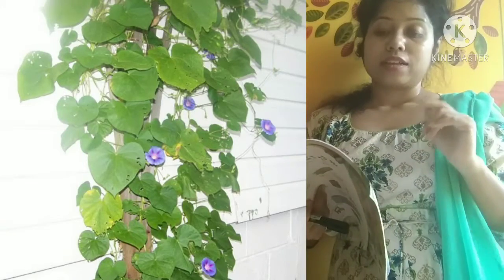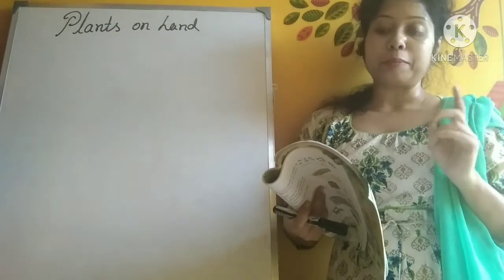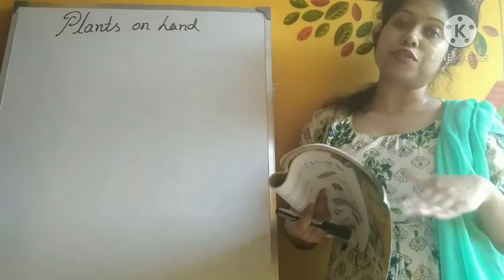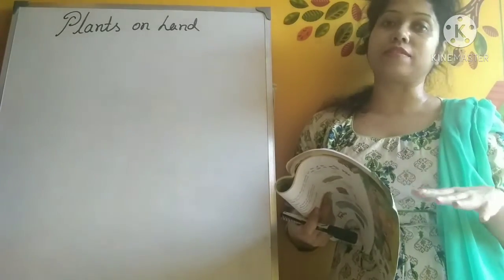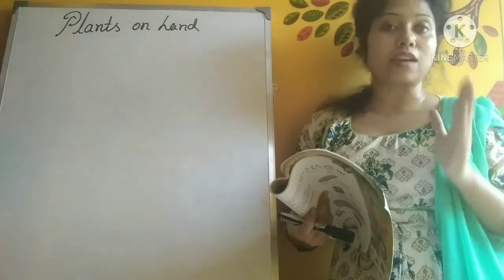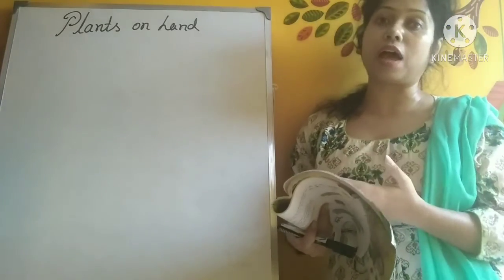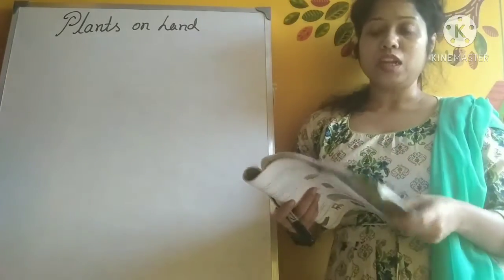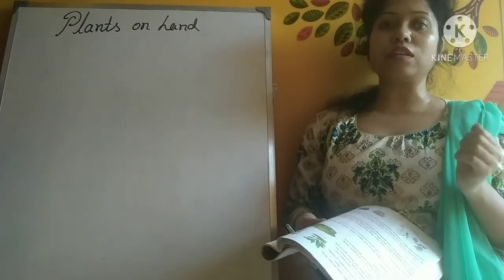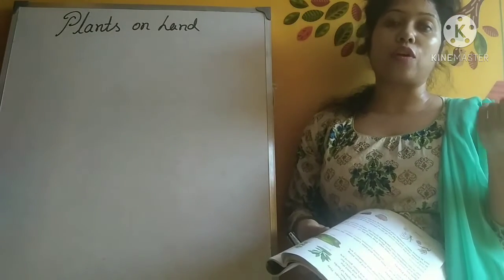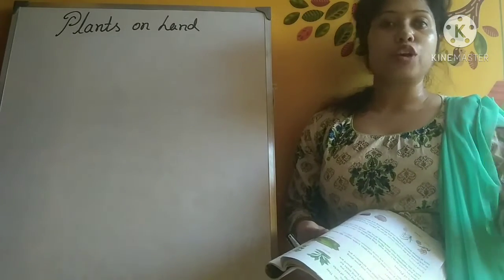Grapevine, bean and bitter gourd are examples of climbers. So they cannot grow by themselves. Climbers always need the support of other plants. Probably you have also seen these climbers in your house itself, or maybe somewhere in your locality.